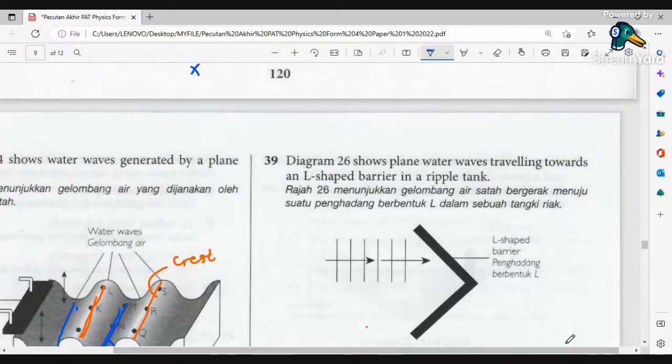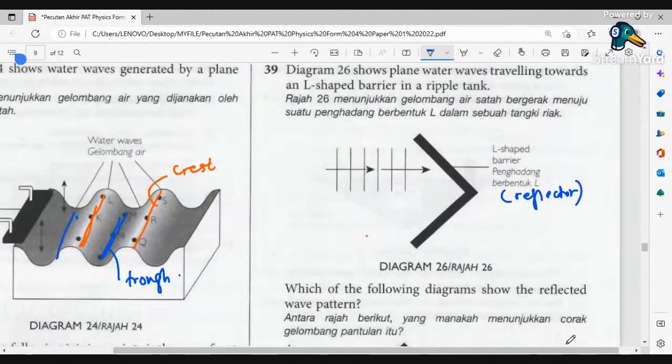Number 39, plane wave travelling towards L-shaped barrier in ripple tank. Barrier ni dia macam reflector lah. So kita tahu dah ini adalah reflection. Which of the following diagrams shows reflected wave pattern?